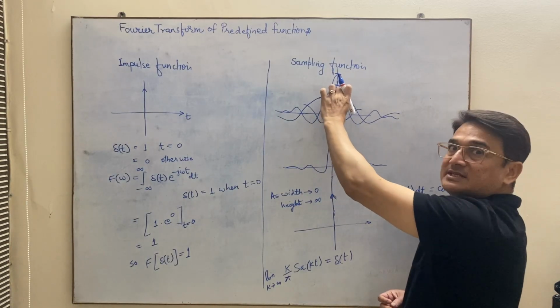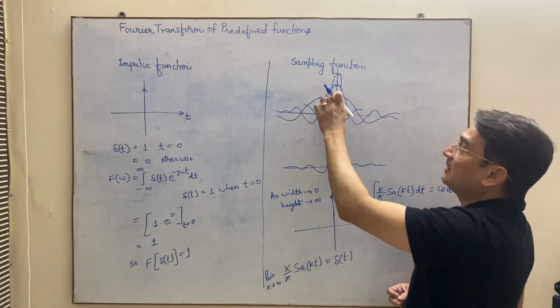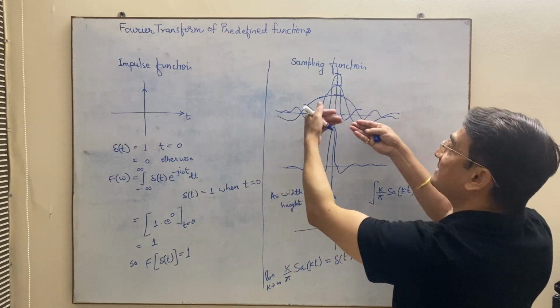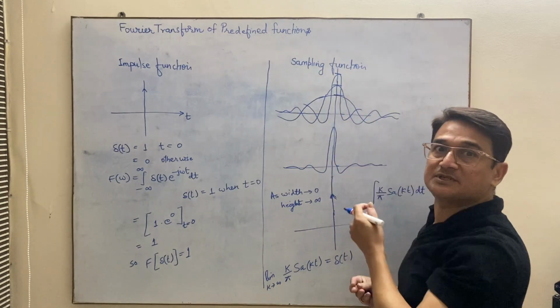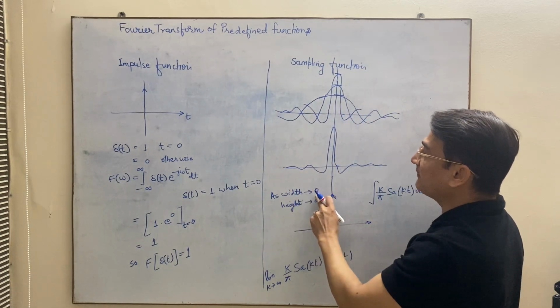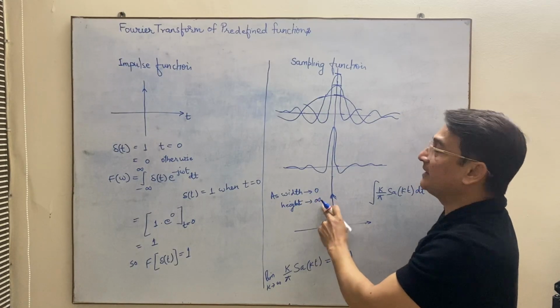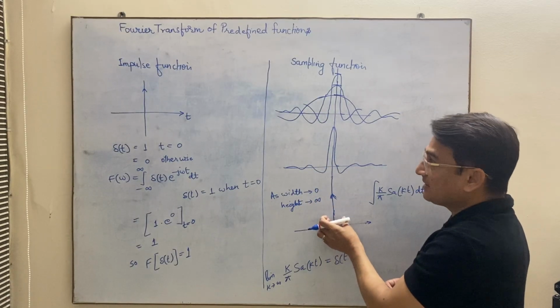This peak is low, width is more. As the width goes on decreasing, this height becomes more. So there will be a condition when the width becomes 0, the height will be infinity. So this function will be something like this.